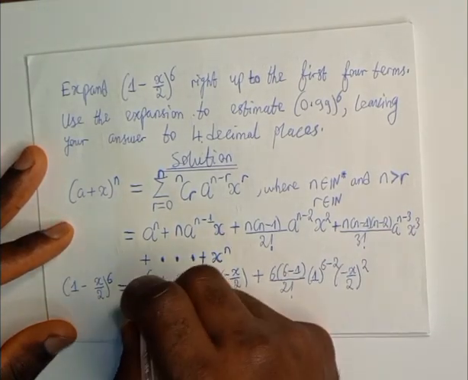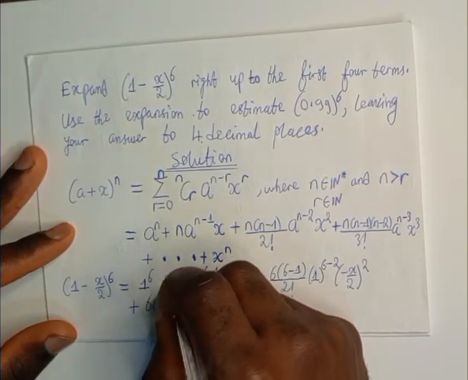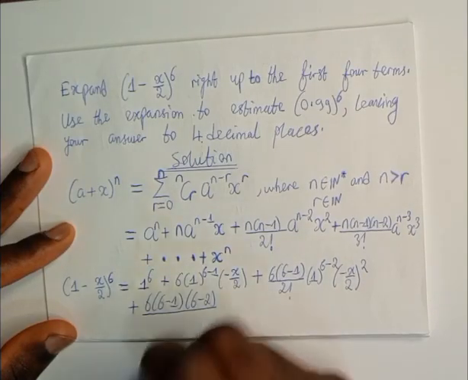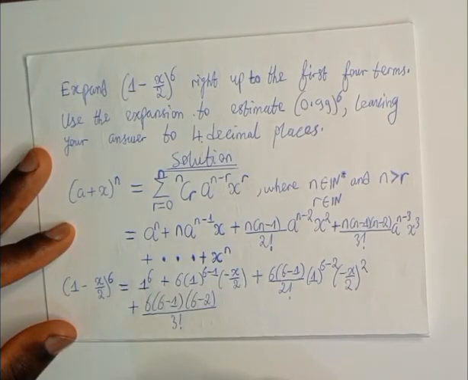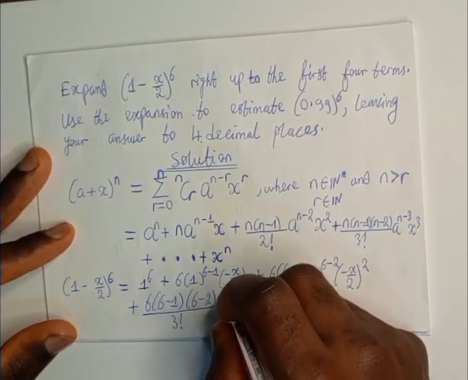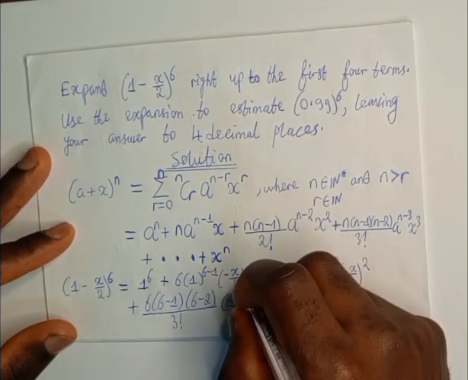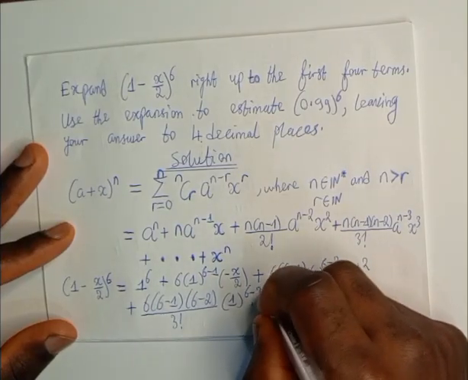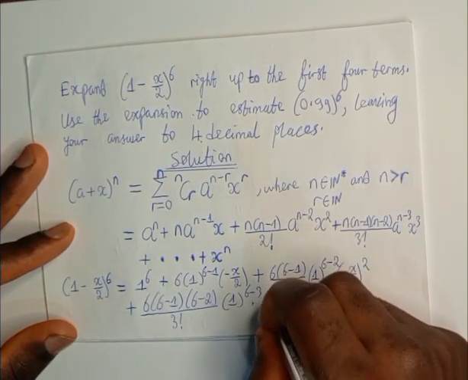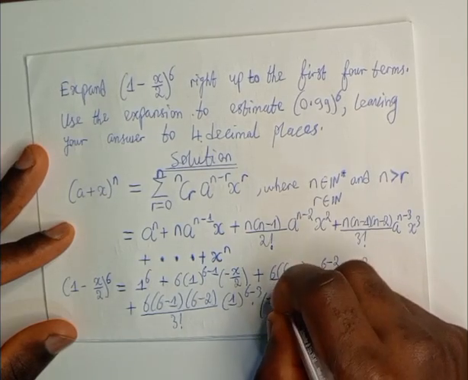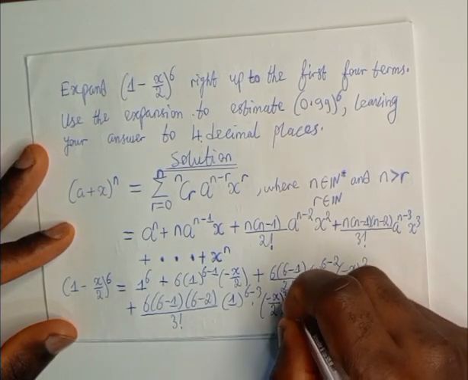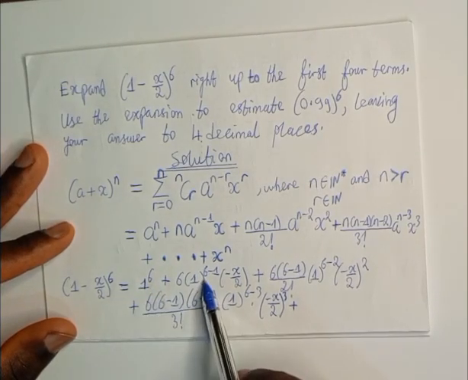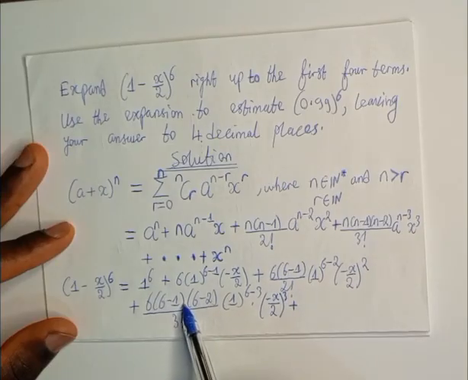plus 6 times 6 minus 1 times 6 minus 2 divided by 3 factorial times 1 raised to the power 6 minus 3 times negative x on 2, all this raised to the power 3, plus, if we count the number of terms, we have 1, 2, 3, 4.